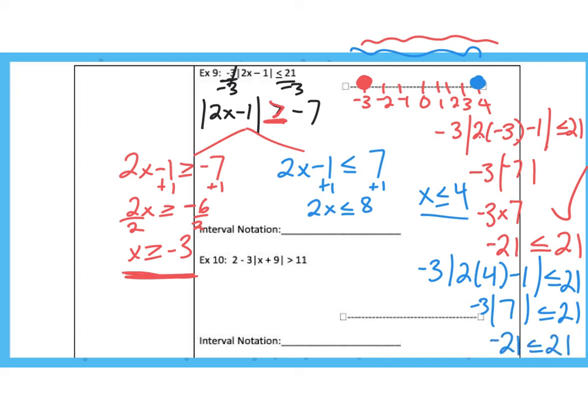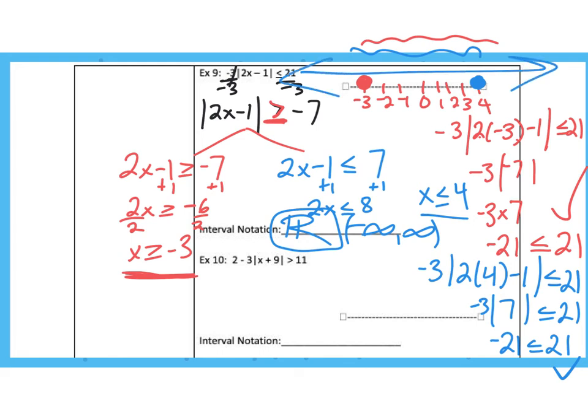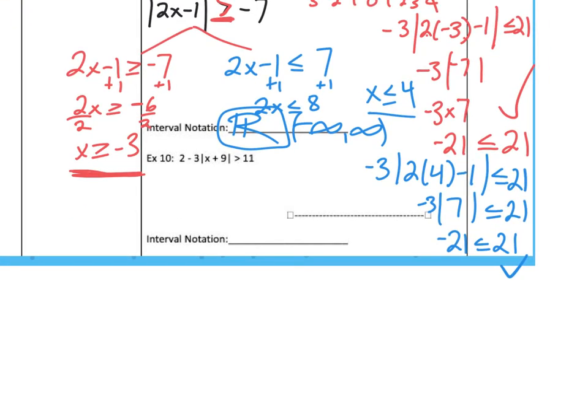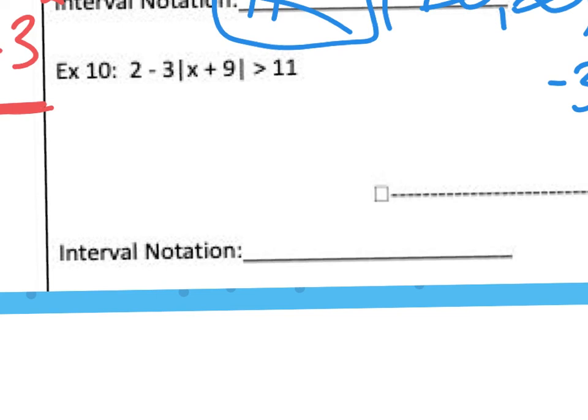Is that less than or equal to 21? Yes, so this one is going to be all real numbers. The interval notation for that is this. And to graph it, it's just a line going in both directions. Okay, so we've seen a no solution. We've seen an absolute value. Let's get into some others.